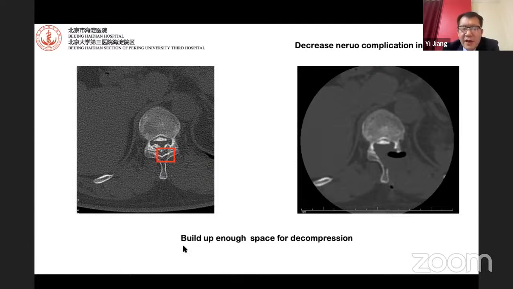Which means when we want to remove the OLF, we should create enough space, including the base of the stenosis and the facet.